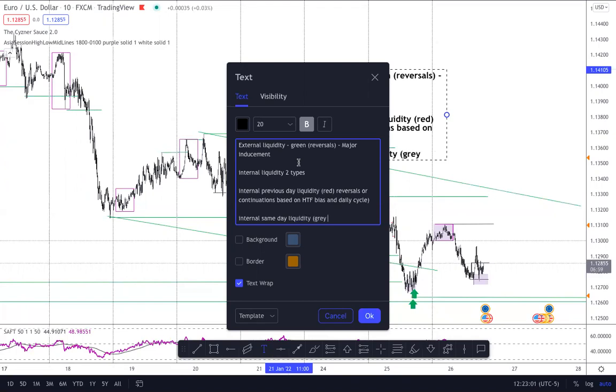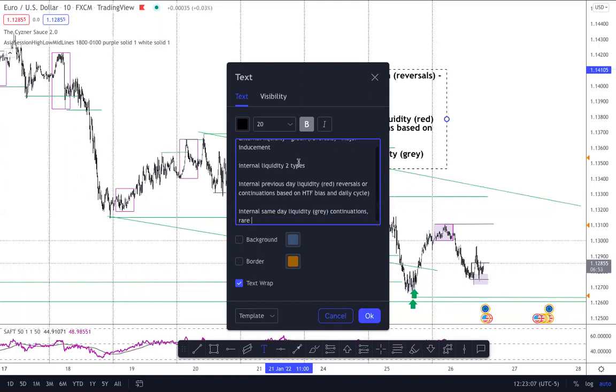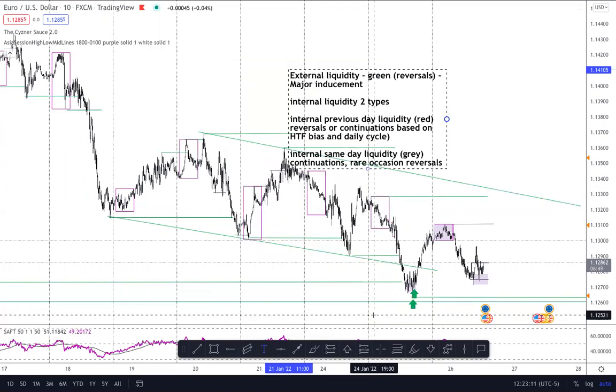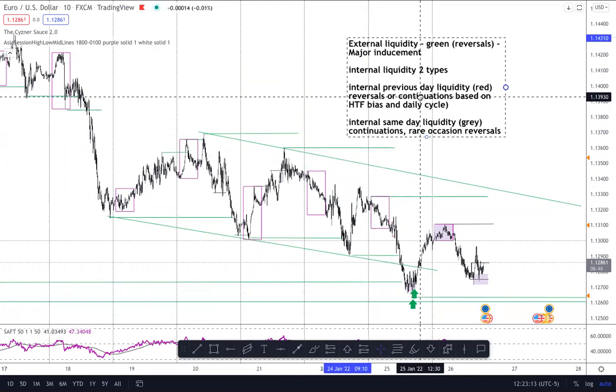gray, which is primarily used for continuations, right? And on rare occasion, reversals, right? And this is something you're going to be able to see constantly through breakdowns, right?